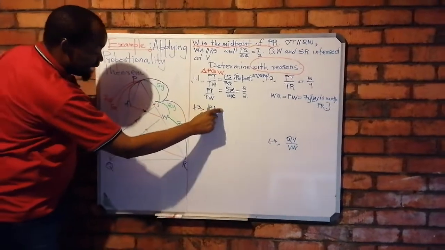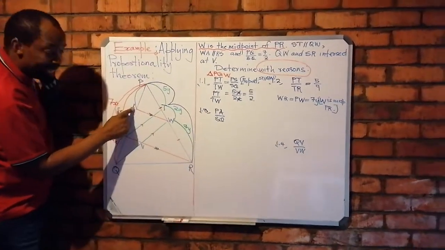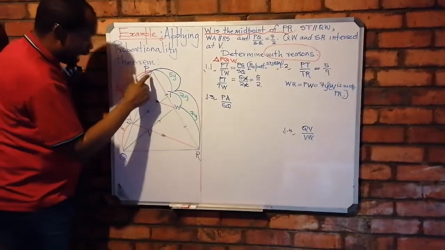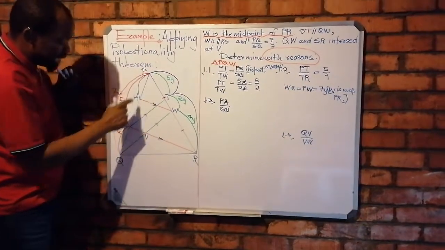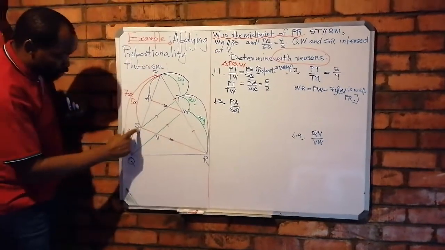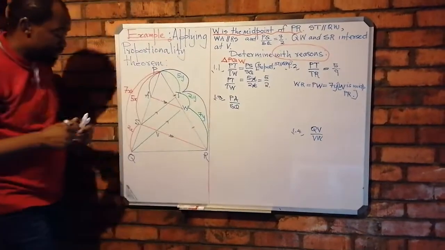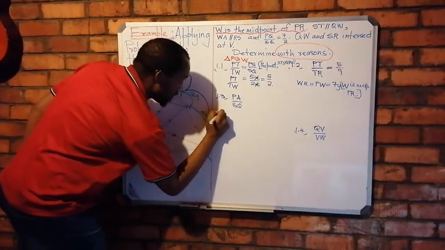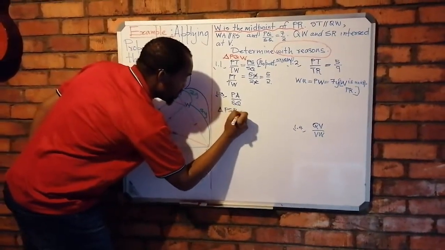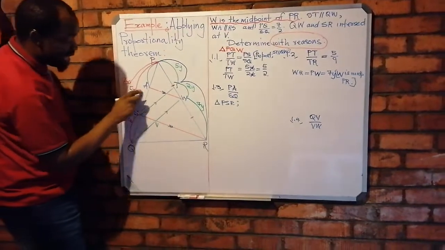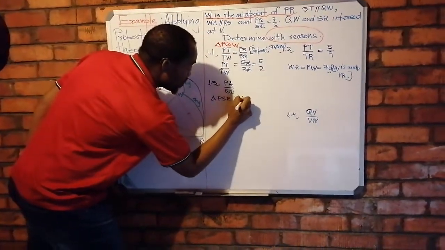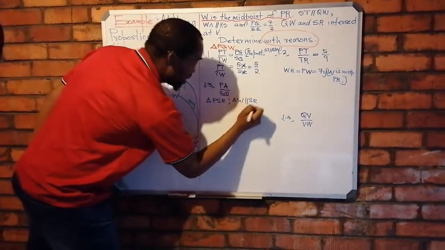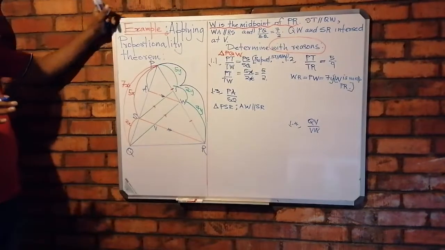Look at PA. I've got PA there, and I said I'm looking for PA. That is why I'm using triangle PSR, because already I've got this one. In triangle PSR, with, of course, AW parallel to SR. Now, this one is a beautiful one.